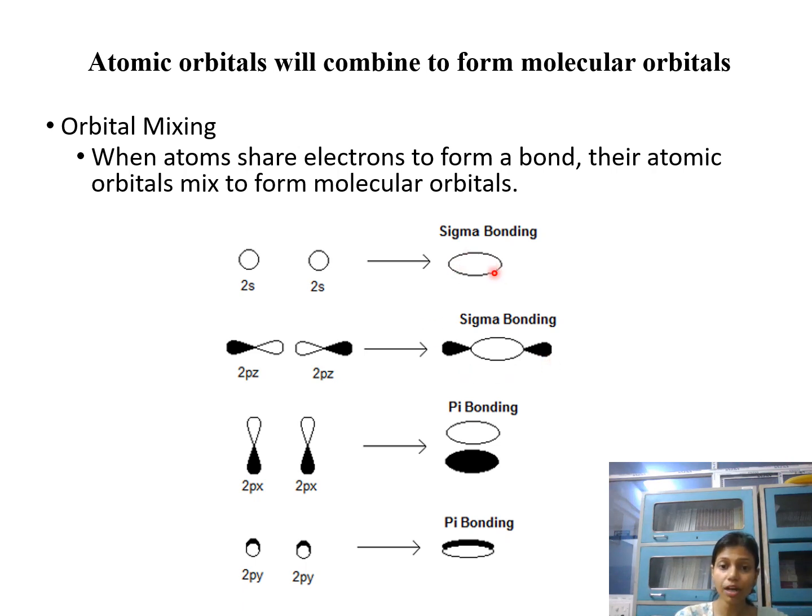The shape of the molecular orbital will depend on the shape of the atomic orbitals. Now, when they have side-on overlap to form a pi molecular orbital, they will overlap and this will be formed. Similarly for 2py also. So the atomic orbitals combine, mix, and overlap with each other to form molecular orbitals.